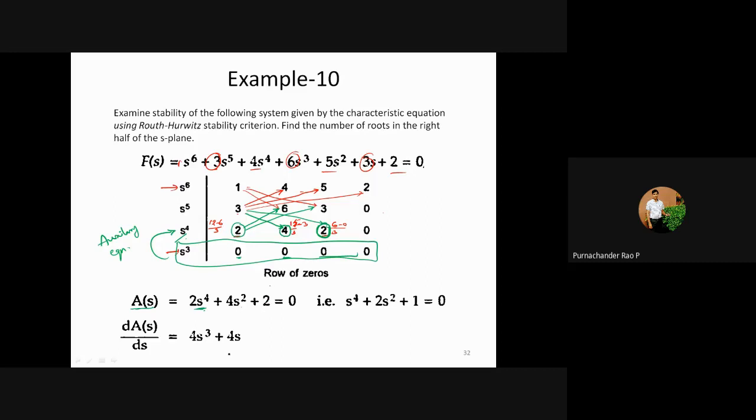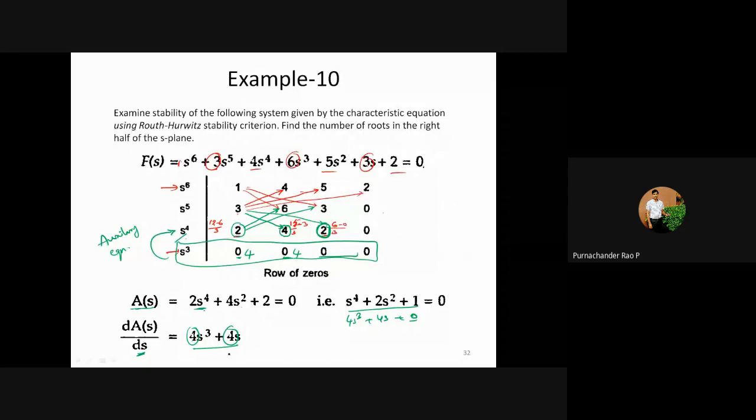This is your auxiliary equation. This auxiliary equation is differentiated with respect to s: d by ds of A of s gives 4 s cube plus 4 s plus 0. These coefficients 4 and 4 should be substituted instead of the 0s here.